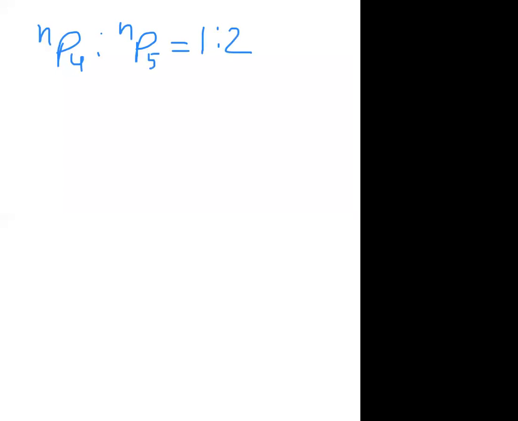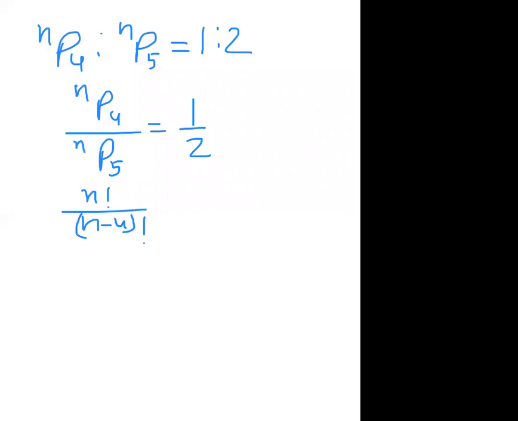We are going to write it in the form nP4 upon nP5 equals 1 upon 2. nP4 means n factorial upon n minus 4 factorial, upon n factorial upon n minus 5 factorial, equals 1 by 2.